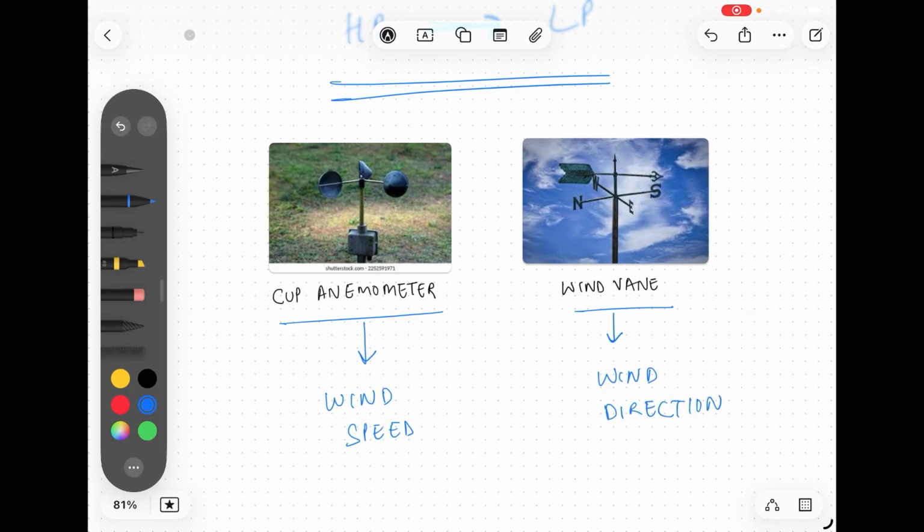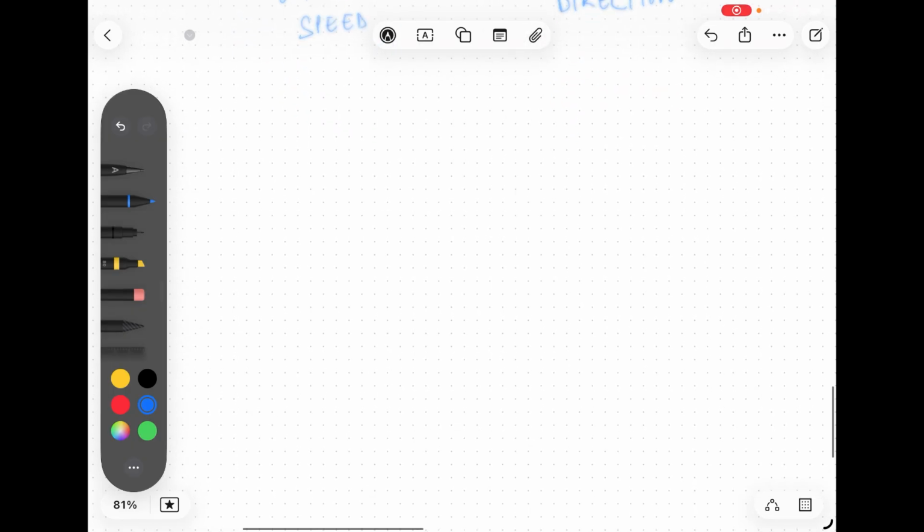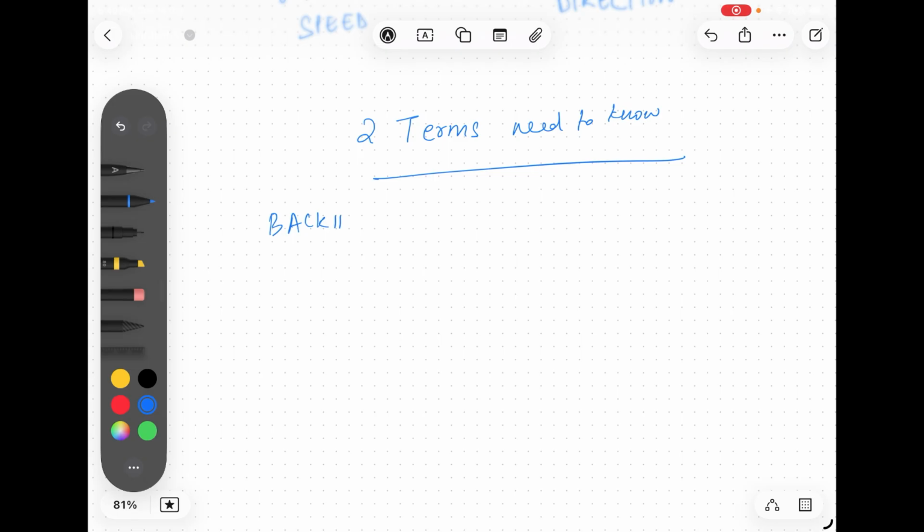Now we need to know another two terms which are again important and could be a part of your questions as well. Very simple, self-explanatory: there is something called backing and then there is something called veering. What is important here to know is the definition, of course.